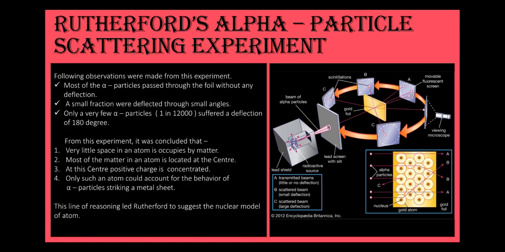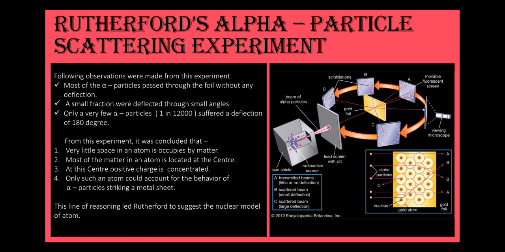Alpha particles are basically bonded structures in which two protons and two neutrons are bonded together, making a helium nucleus structure, and they usually develop during alpha decay.